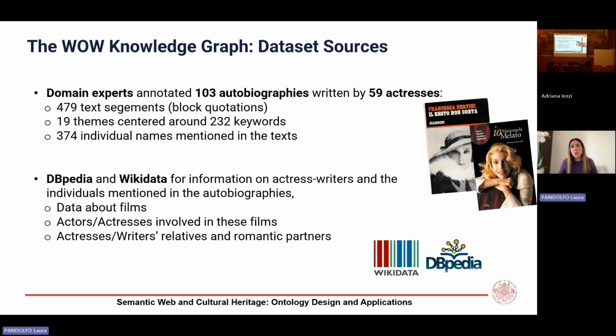The main source for the knowledge graph is the primary sources, namely the autobiographies of Italian actresses. We analyzed more than 100 autobiographies written by 59 actresses. We extracted a set of useful information, including nearly 500 segments of text that we call block quotations.